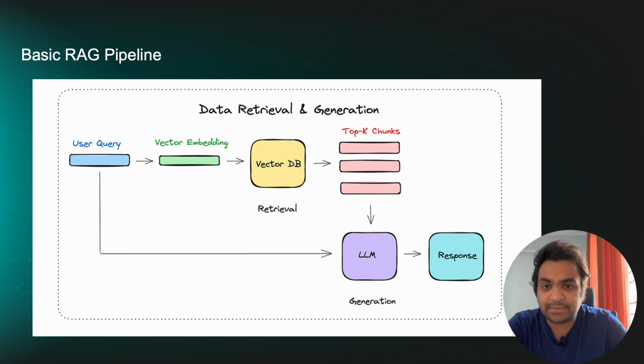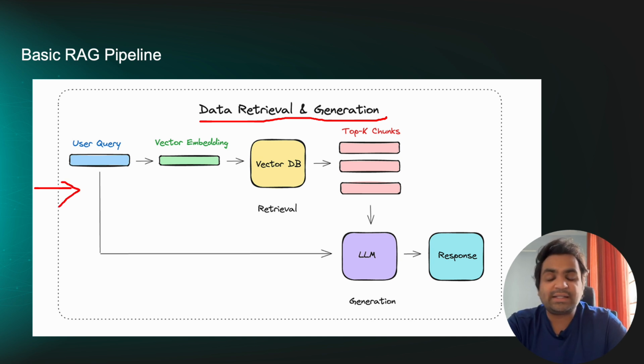Let me explain it again. In the data retrieval and generation part, whenever there is a query from the user, two things happen. One is that the vector embeddings get hit. From the vector DB, it takes the relevant data.